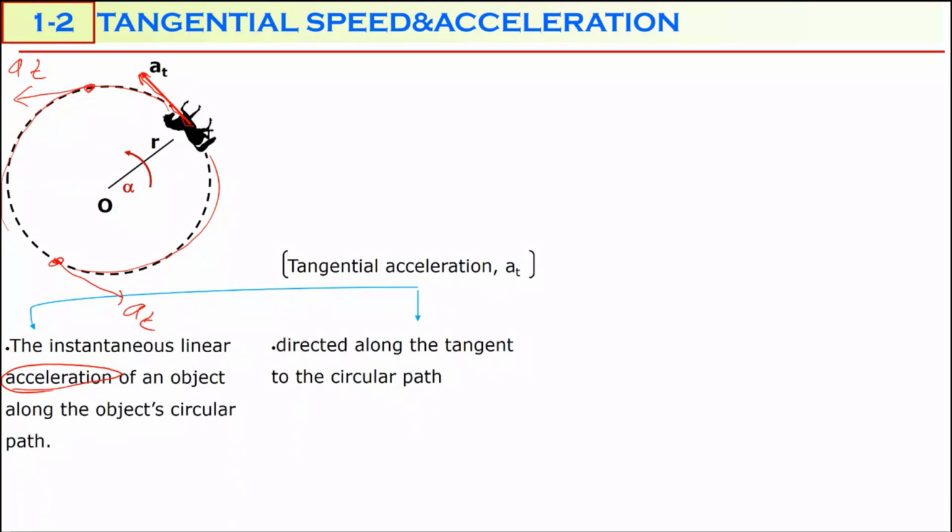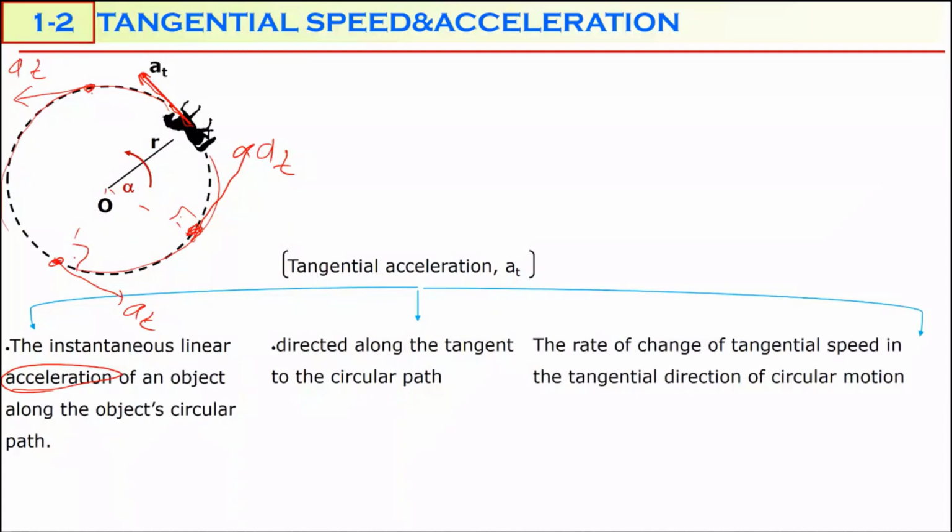So this tangential acceleration will be along the tangent line, and we know that this tangent line is always perpendicular to the radius. It is also defined as the rate of change of tangential speed. What is changing in here? Tangential speed is changing, from an initial tangential speed to a final tangential speed. For that, it is defined as the rate of change of tangential speed in the tangential direction of a circular motion.